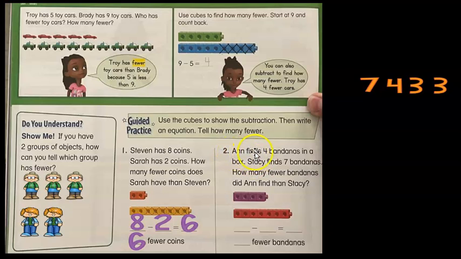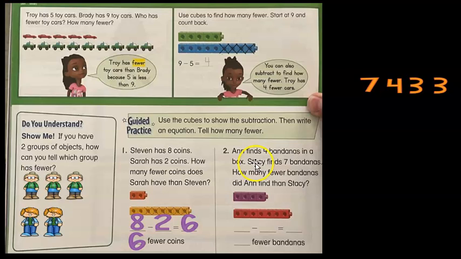Now, Anne finds 4 bananas in a box. Now, how many bananas did Anne find in a box? How many? 4. And look, here they put 4 purple cubes together to represent 4 bananas, okay?